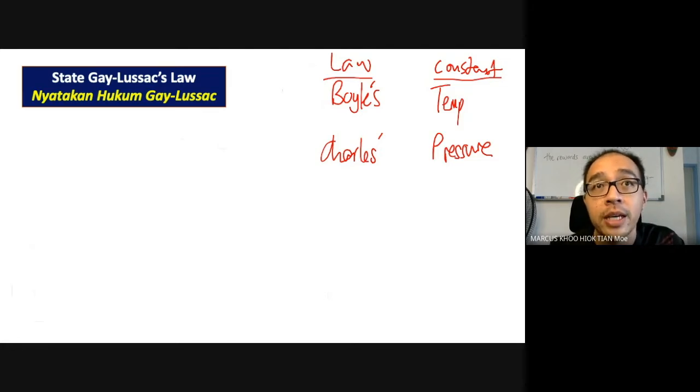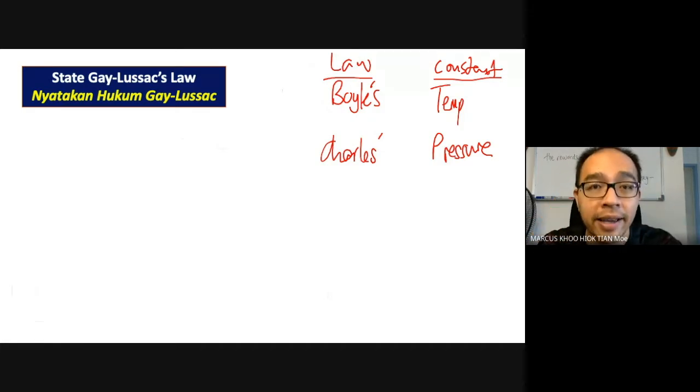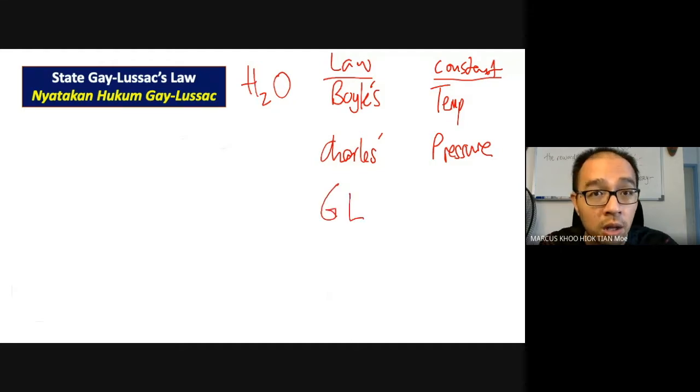He is a French physicist and chemist from France, and he is the guy that discovered that water is made up of 2 hydrogens and 1 oxygen. This is the guy responsible for our H2O. He discovered that there are 2 parts hydrogen and 1 part oxygen in water, and he also came up with this law, which we call the Gay-Lussac law or pressure law.